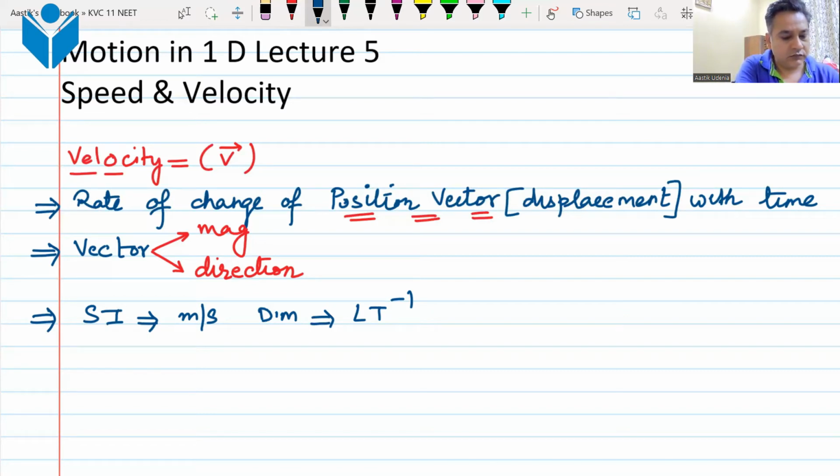Do we understand this, everyone? Yes or no? Okay. Now, when I talk about velocity, you talk about what are the different types of velocity.